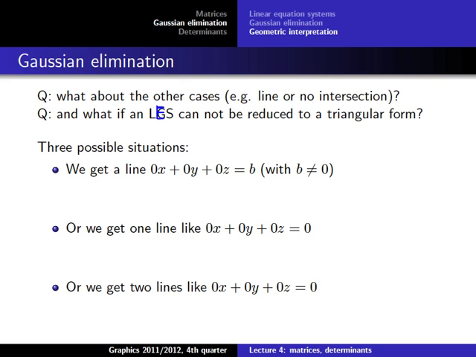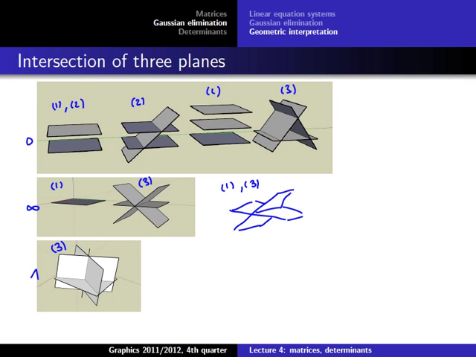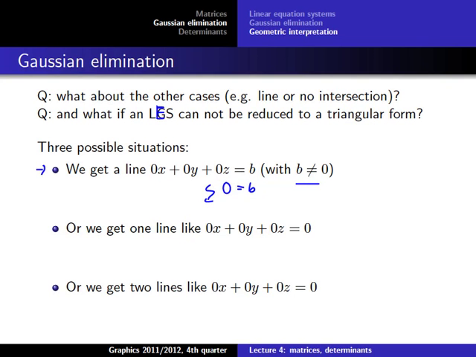We could end up getting a line when we do our permitted operations, where we have 0 equals b, but b is unequal to 0, so that doesn't work. That is not defined, so we cannot solve it, which means we have no solution, which means geometrically we have no intersection, which are all the cases that we have here at the top.